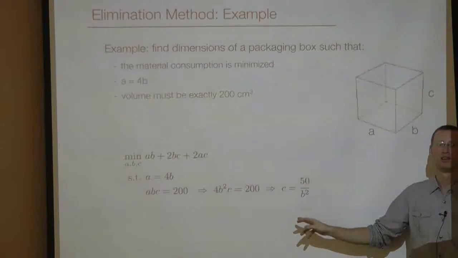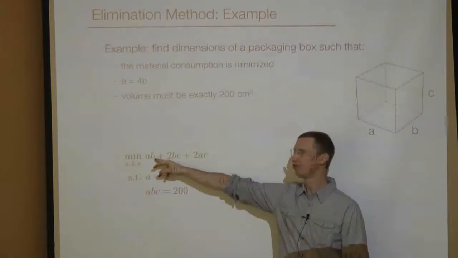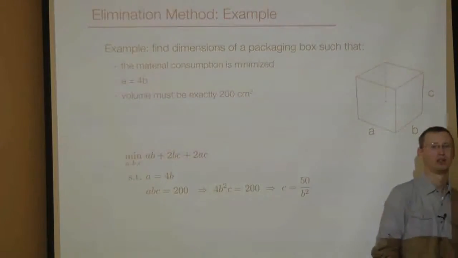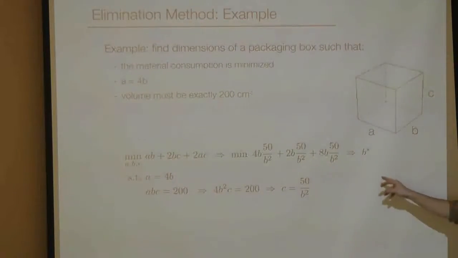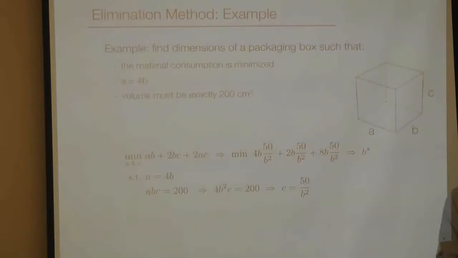And then what we do is we simply plug in A equal to 4B here, and C equal to this expression into the cost function. And we obtain a new problem, which is completely in B, and we have eliminated the equality constraint.